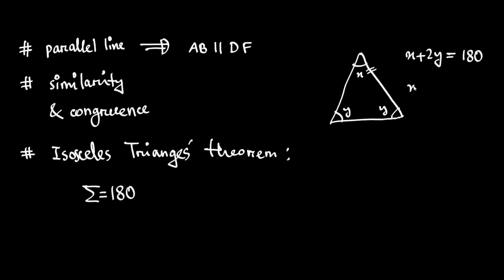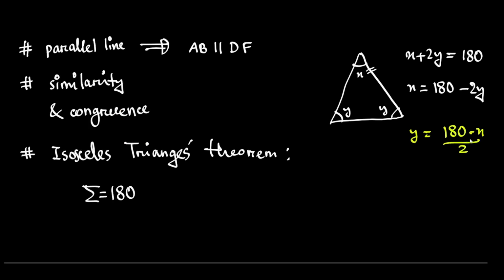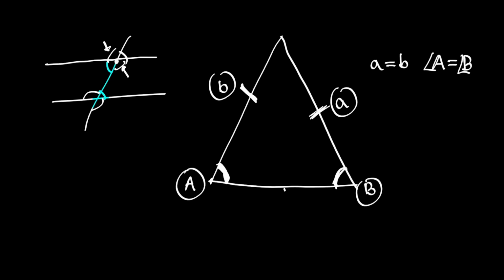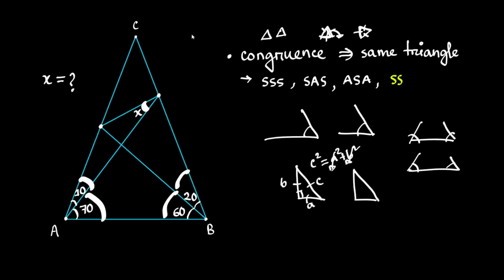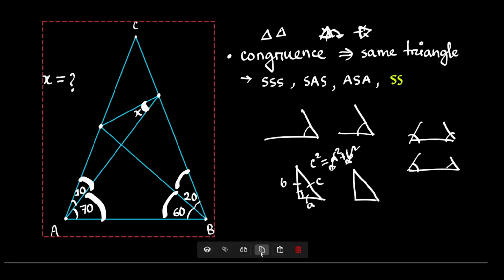That means x is equal to 180 minus 2y, and y is equal to (180 minus x) by 2. We are going to use these fundamental things of elementary geometry, and now we are going to take the brave attempt of solving this horrendous problem.